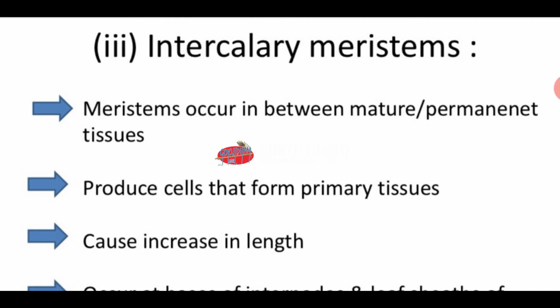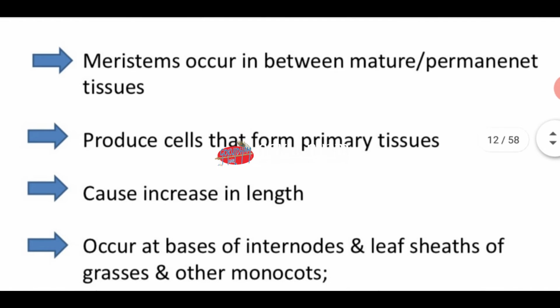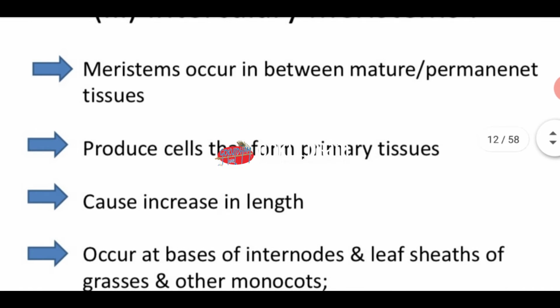It produces the cells that form a primary tissue, and it causes the increase in length. मीन्स ये जो इंटरकैलरी मेरिस्टेम है वो प्लांट की ग्रोथ मीन्स लेंथ को इंक्रीज करने में हेल्पफुल होता है.